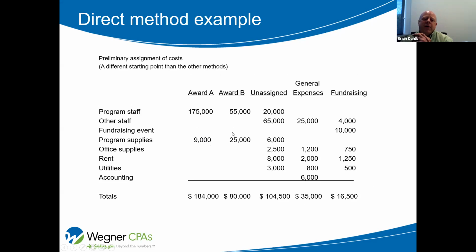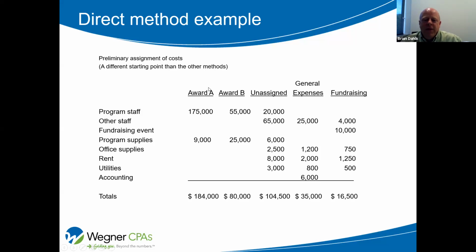And then the other method we'll take a look at is the direct method. And once again, this has a different starting point than the other methods. The starting point here looks pretty similar to what we saw back on a previous slide when we were talking about cost allocations for financial statement purposes.